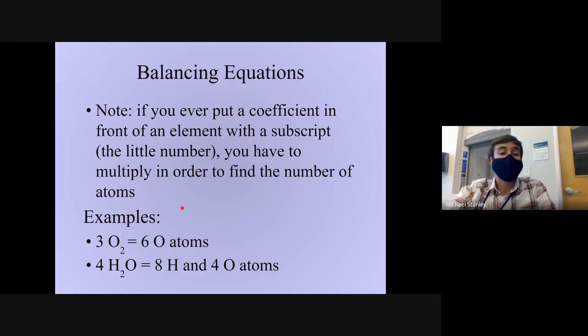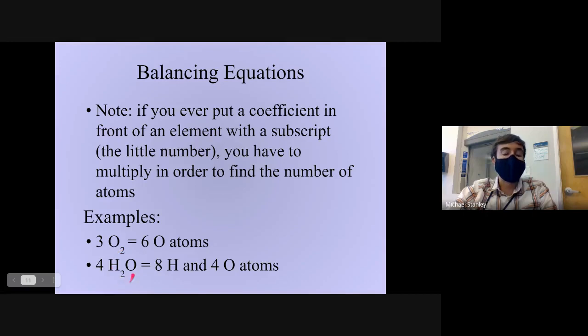When you do that, you multiply the coefficient times the subscript. So like in this case right here, if we have 3 O2 molecules, 3 times 2 means we have a total of 6 O atoms.